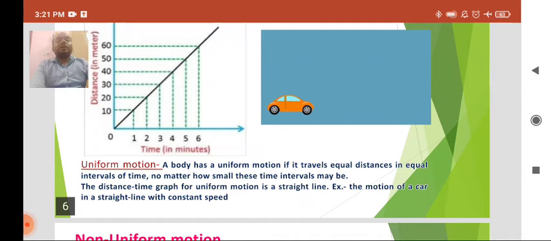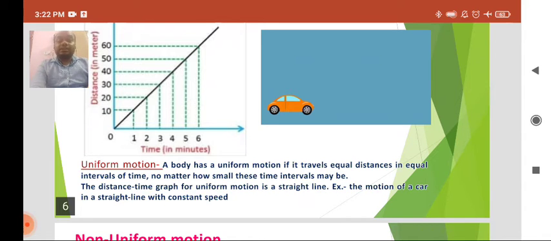A body has a uniform motion if it travels equal distances in equal intervals of time. I repeat, a body has a uniform motion if it travels equal distances in equal intervals of time, no matter how small these time intervals may be.